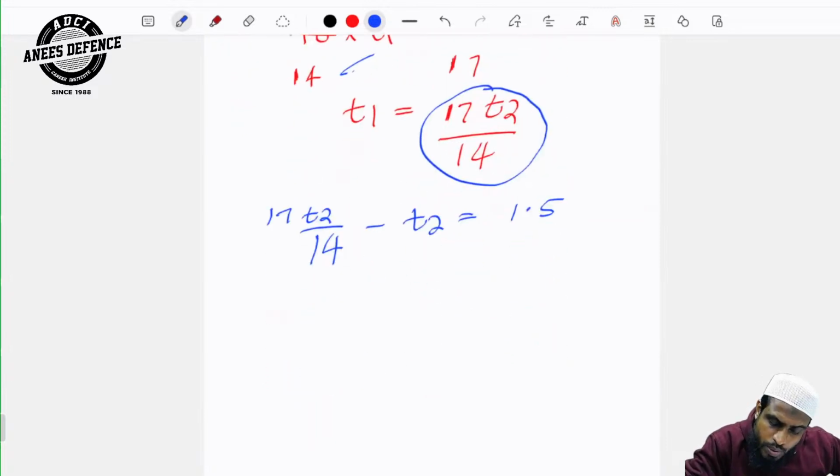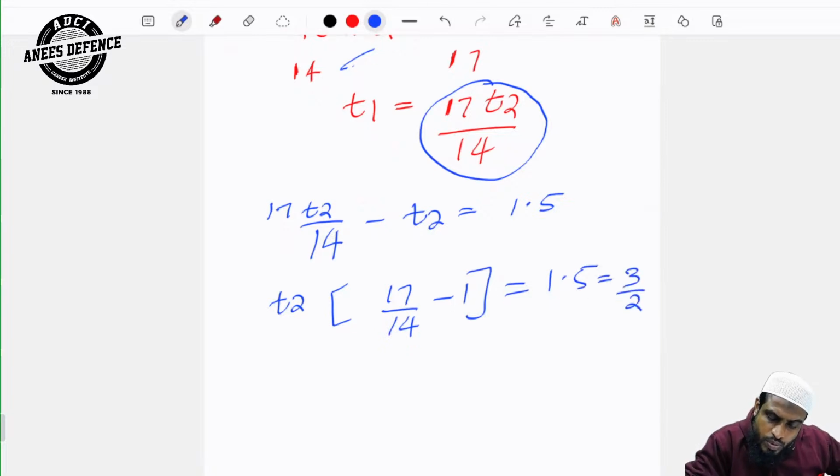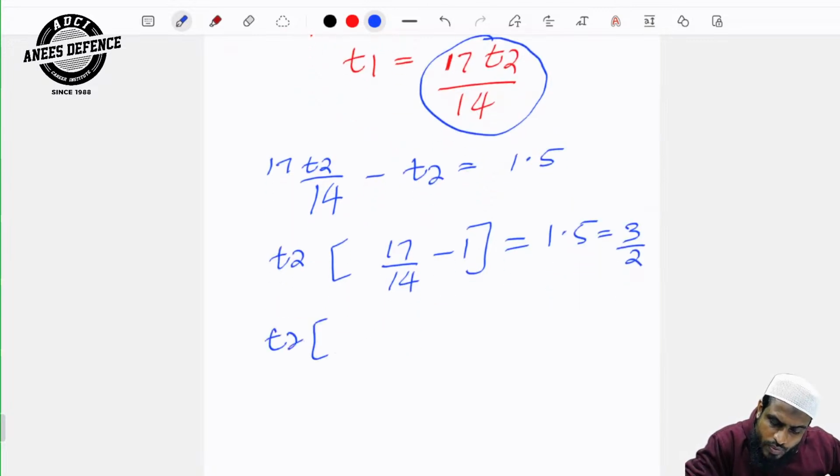By solving this, T2 can be taken out. So 17 by 14 minus 1 equal to 1.5, or 1.5 can be written as 3 by 2. So T2 into (17 minus 14) by 14 equal to 3 by 2.